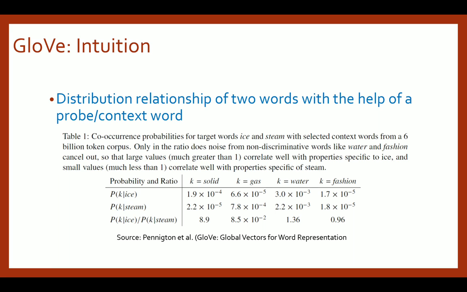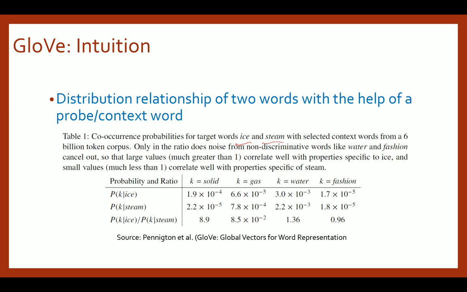Let's consider that we are looking at the words ice and steam, and then we look at a few context words around these target words, and look at the ratio of the probabilities: the probability of seeing the context word k given ice, and the probability of seeing the same context word given the target word steam.